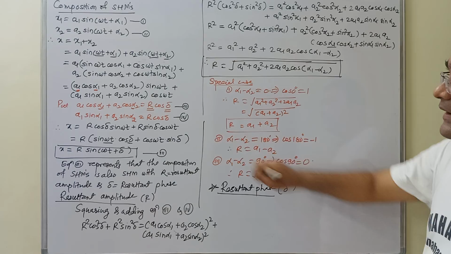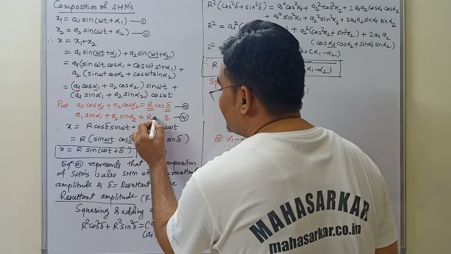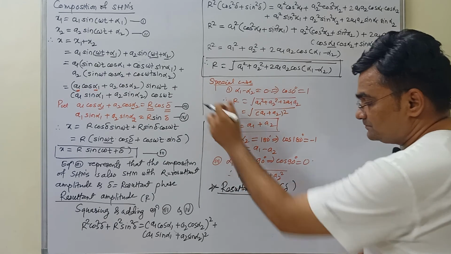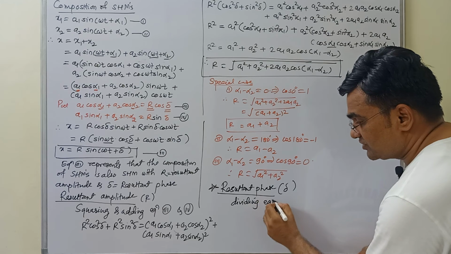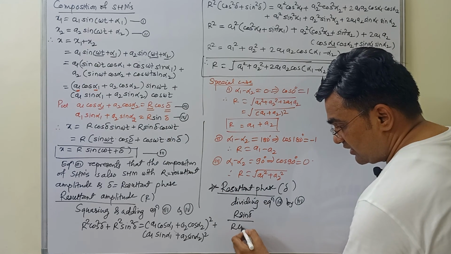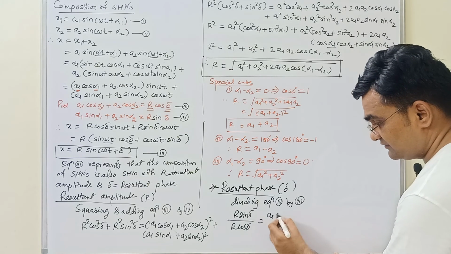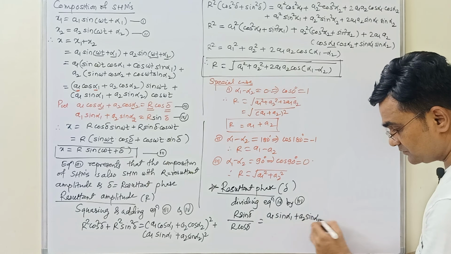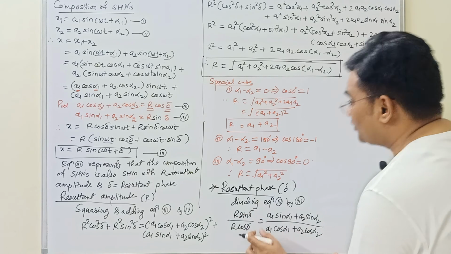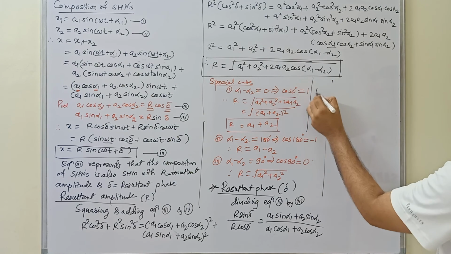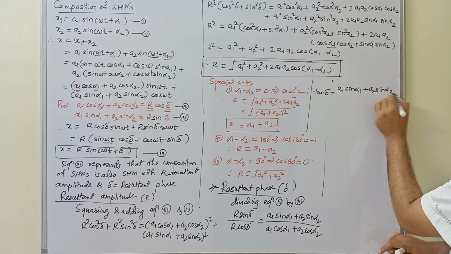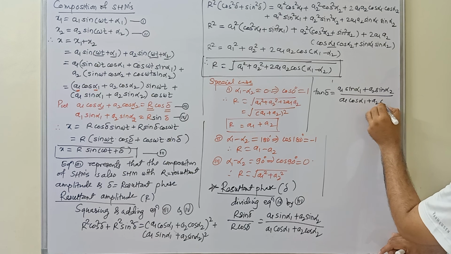indicated by delta. Dividing equations, I made some mistake here while writing, sorry. Here this should be sin. Okay, I have written correctly everywhere, here it was wrong. Ignore the mistake. Okay, now dividing equation 4 by equation 3, see what we get. LHS: R sin delta divided by R cos delta is equal to, what will we get? A1 sin alpha 1 plus A2 sin alpha 2 divided by A1 cos alpha 1 plus A2 cos alpha 2. R cancels, sin delta upon cos delta will be what? Tan delta. Tan delta is equal to the same term, A1 sin alpha 1 plus A2 sin alpha 2 divided by A1 cos alpha 1 plus A2 cos alpha 2.